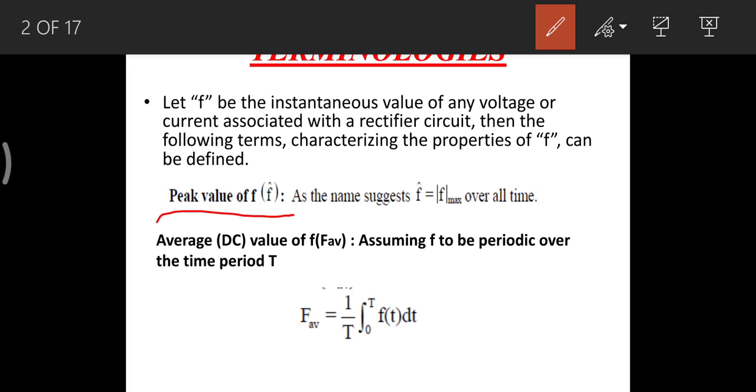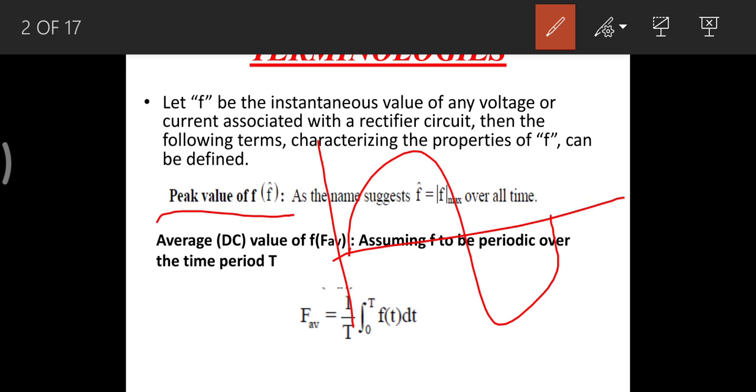Generally we take the sine wave. Here we get the maximum value Vm, so we consider the peak value as Vm. Similarly, for the function f of t, the point at which we get the maximum value of that function is called the peak value.